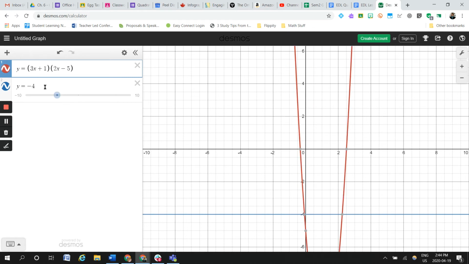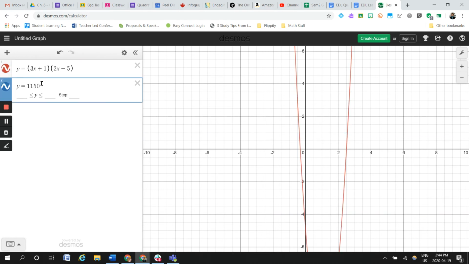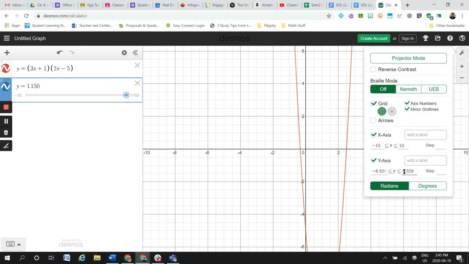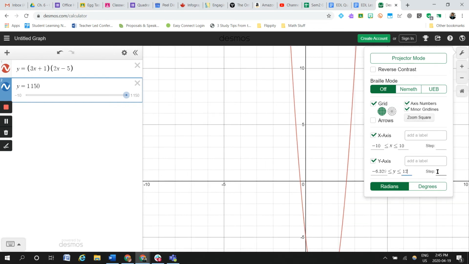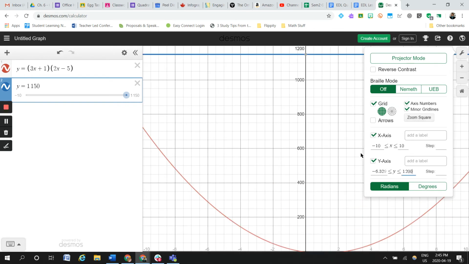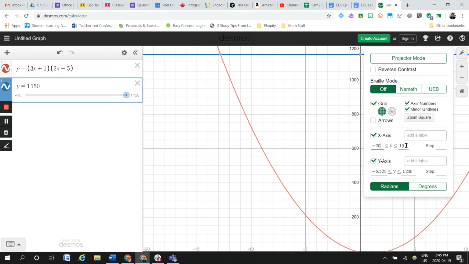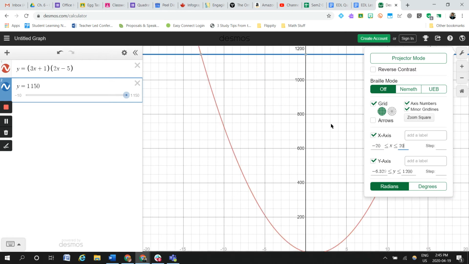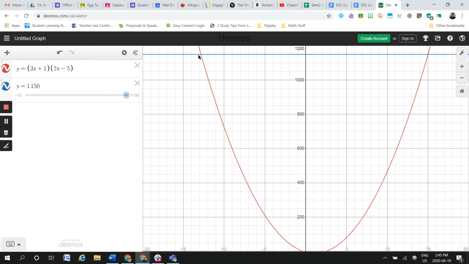And we're looking for where it will be 1,150. Notice we can't see it on the screen here. And we can easily change that by changing the window that we can see, so that now it's actually appearing on our screen. And you can see that we get two solutions again.